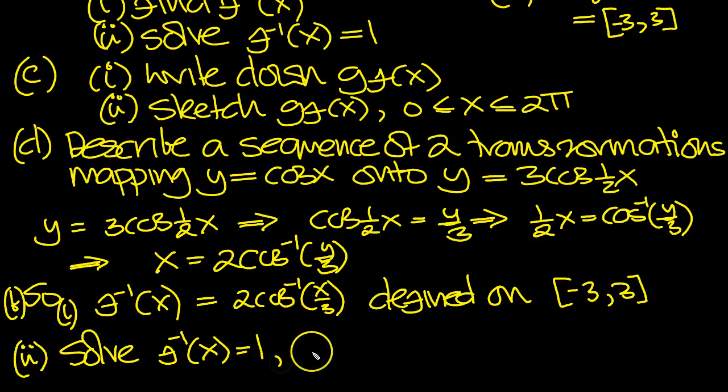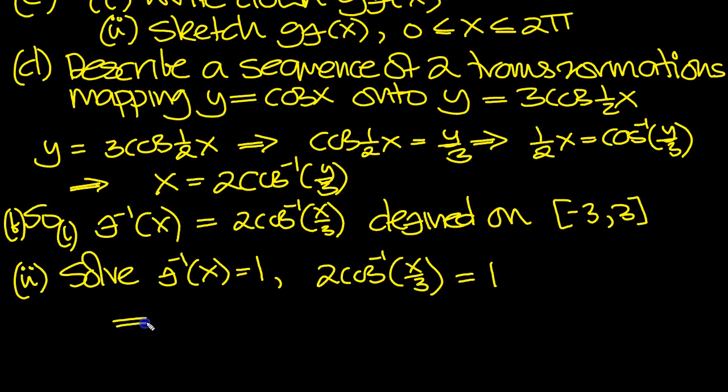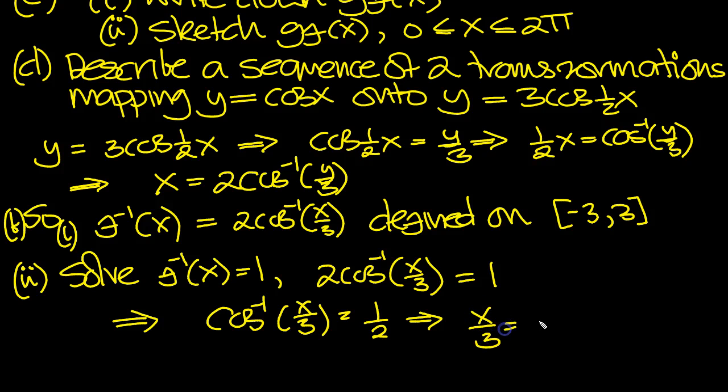So we've got 2 cosine arc cos minus 1 of x over 3 is equal to 1. So that tells us then, take the 2 from times the divide, arc cos x over 3 is equal to a half. Take cosines both sides, so that gives x over 3 is equal to the cosine of a half.